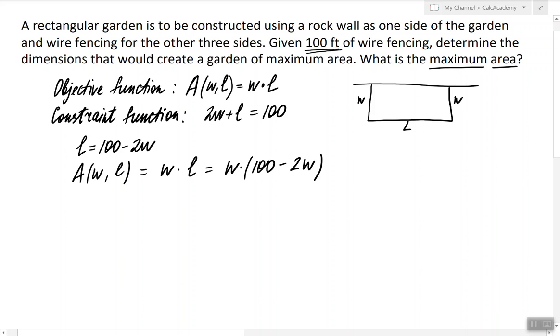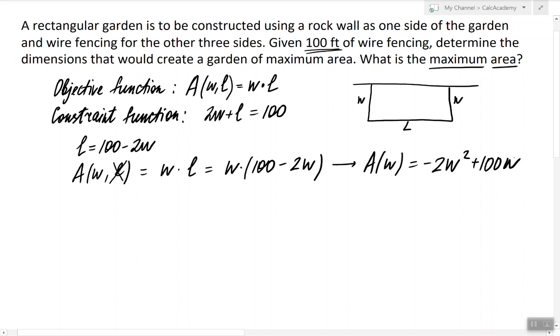Now, what do we achieve by doing this? Now, my area does not depend on L, it only depends on W. So now we have area as a function of W, and it's a function that we know how to handle.